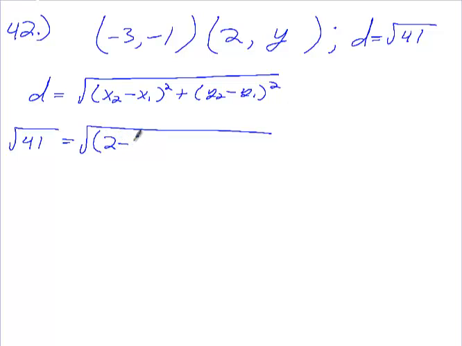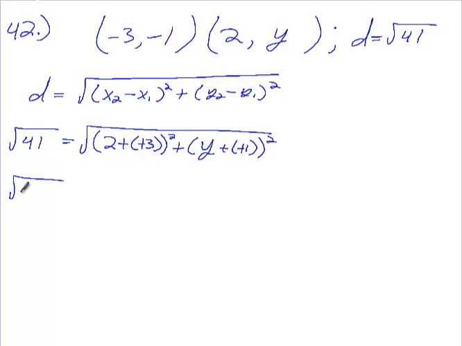Minus what's my x1? Negative 3 squared. Plus what's my y2? Just y. And what's my y1? Negative 1 squared. Everybody good? Yeah? Okay, again, what happens to the double negative? It becomes positive.